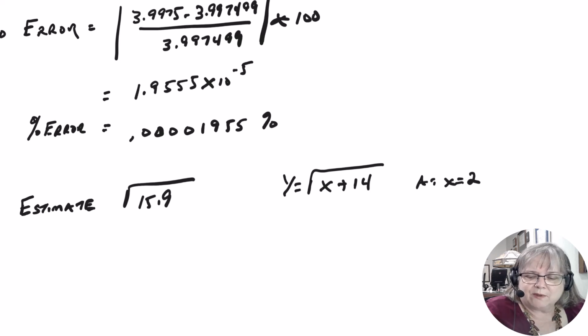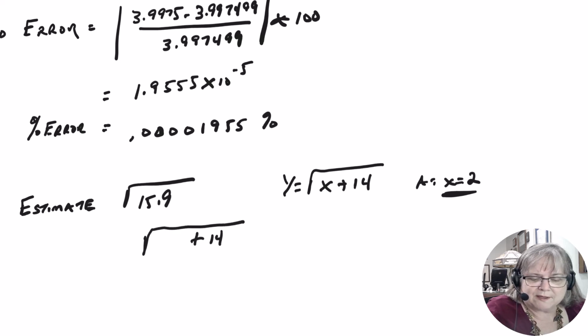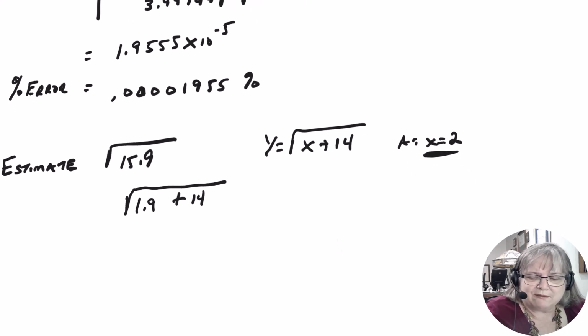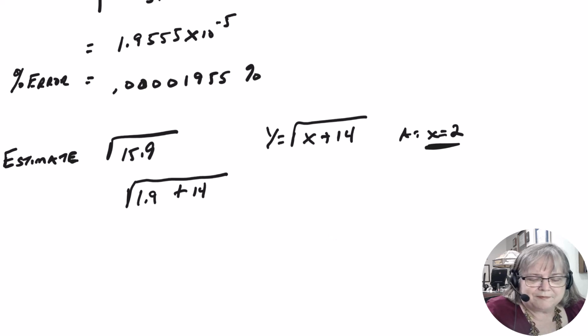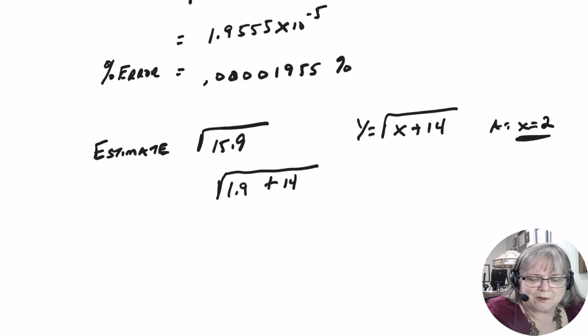So we have to see if we're somewhere in the vicinity of 2. So we have to manipulate 15.9 into x plus 14 and see what we've got. If you have this plus 14, 15.9 becomes 1.9. And 1.9 seems to be in the vicinity of 2, right? It's actually closer than where we just were.